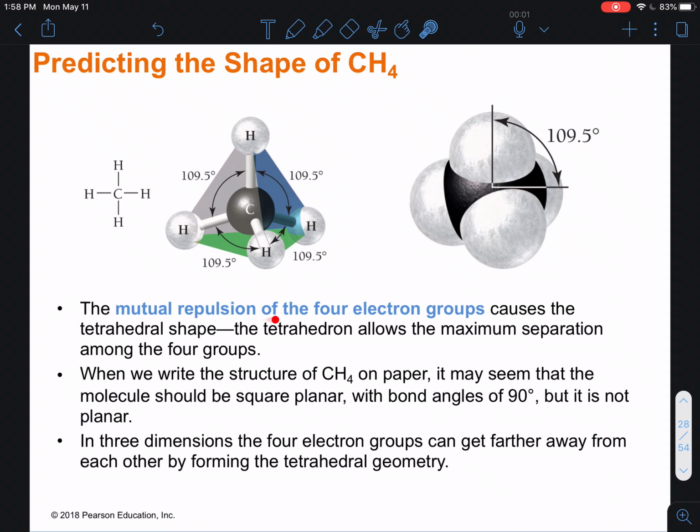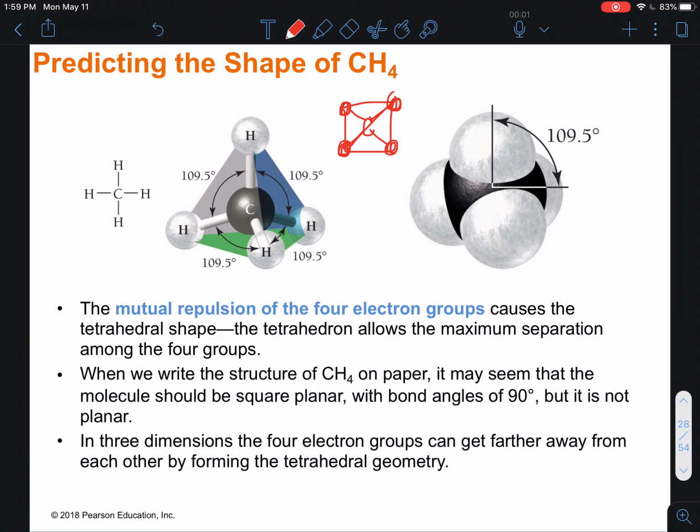So the mutual repulsion of the 4 electron groups causes the tetrahedral shape. The tetrahedron allows the maximum separation between the 4 groups. When we write the structure of methane on paper, it may seem that the molecule should be square, square planar, almost like just a square, where this would be a hydrogen, this a hydrogen, this a hydrogen, this a hydrogen, and this carbon.